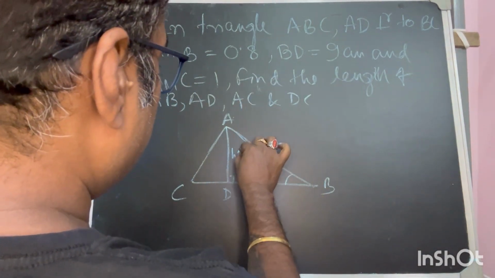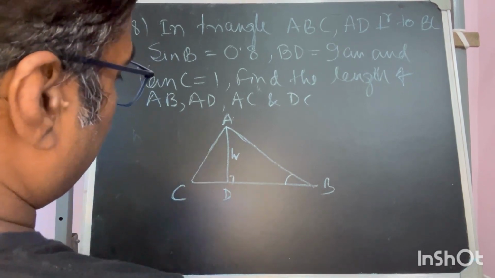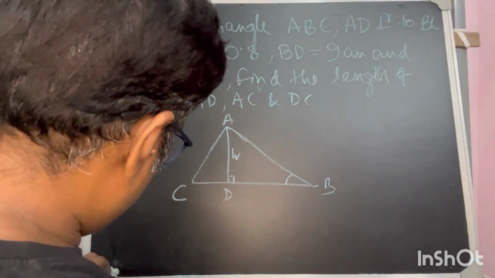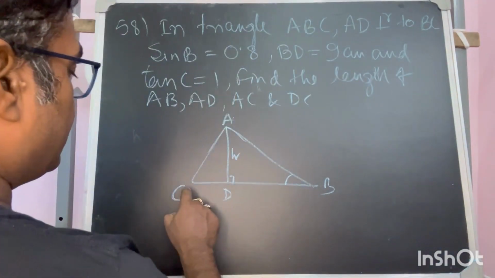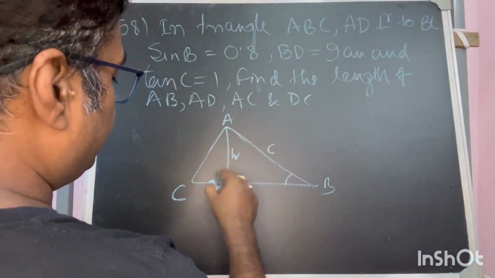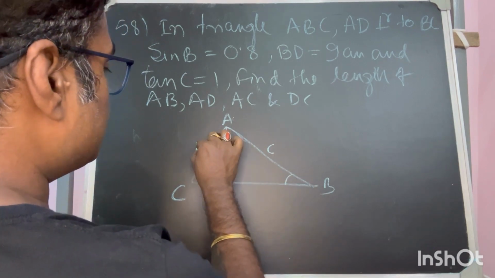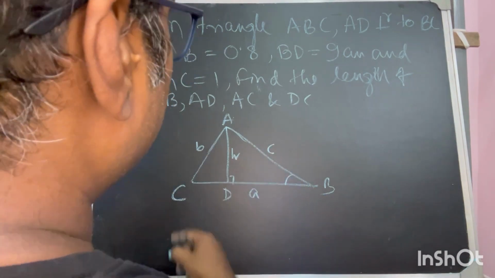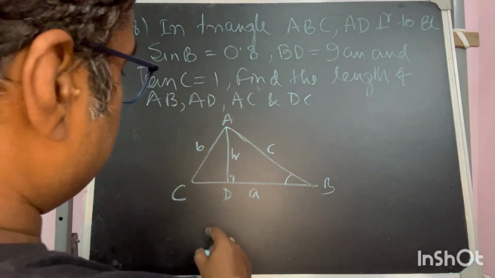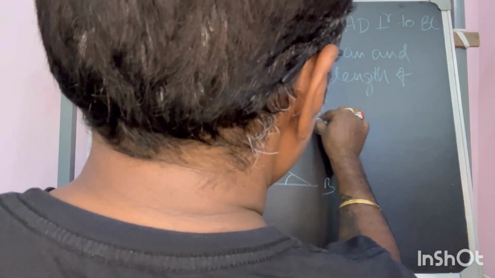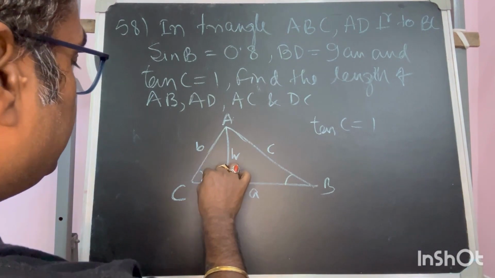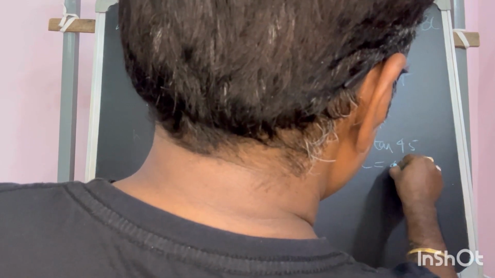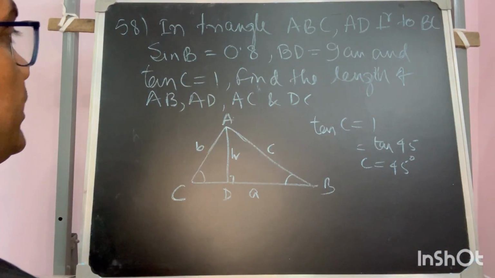So this I consider is H, and as per the universal representation, the side just in front of the angle will be represented by the smaller alphabet. So A will be a, B will be b, and C will be c. So tan C is equal to 1. That means tan 45, so C is equal to 45, because 1 is the tan 45.